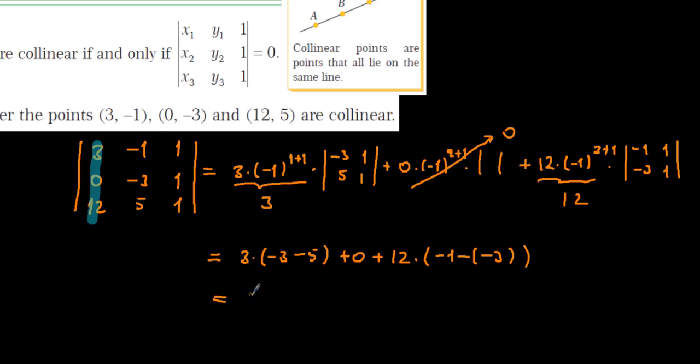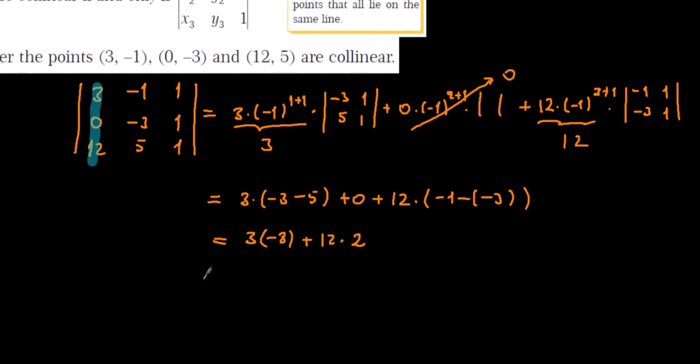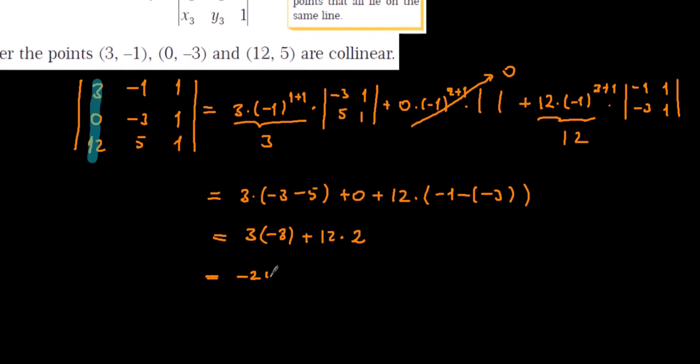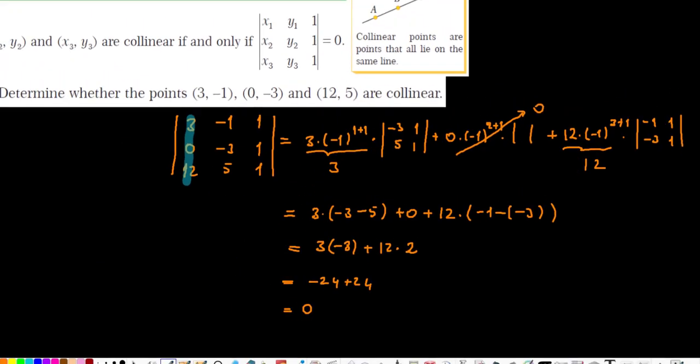Then it's going to be equal to 3 times minus 8 plus 12 times minus 1 minus, that's going to be plus 3, minus 1 plus 3 is equal to 2, and then it's equal to minus 24 plus 24, that's equal to 0. So it means that the points are collinear points because the area is equal to 0 here.